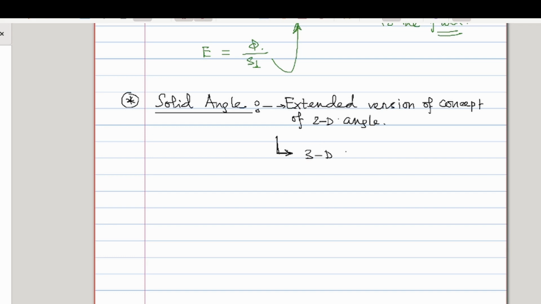And it's a kind of 3D angle. Okay. So 3D angle means it is just the angle enclosed by this lateral surface of a cone.